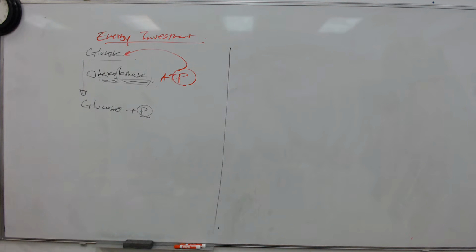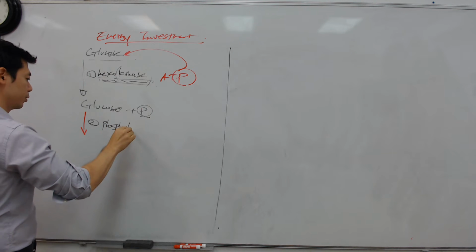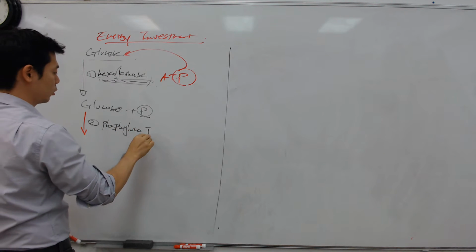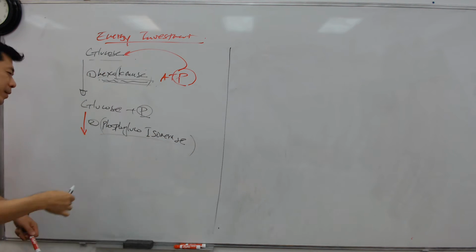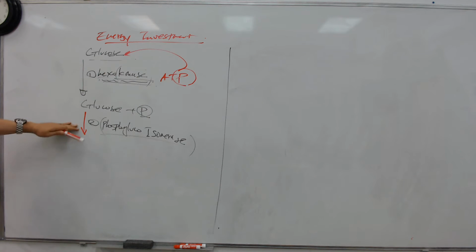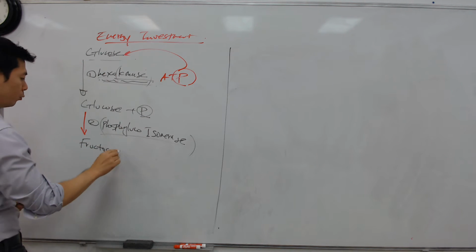And then after this, there's an enzyme called phosphoglucose isomerase. Even if I write it, you have to memorize it down the road. What it does is turn the glucose into a fructose. So the end product of this is a fructose with a phosphate group.